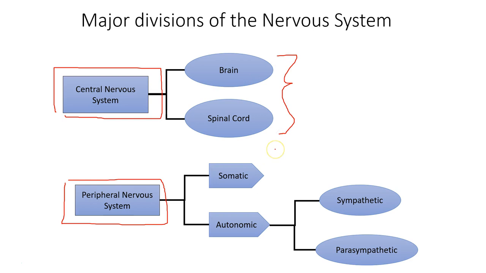All other components of the nervous system fall into the peripheral nervous system category. But the peripheral nervous system can be functionally subdivided into the somatic and autonomic nervous system, and the autonomic nervous system can be further subdivided into the sympathetic and parasympathetic nervous systems. And we're going to talk about all of these in a few minutes.